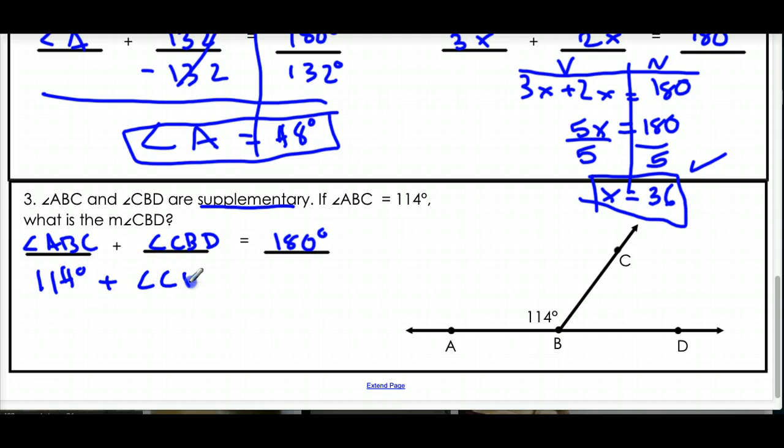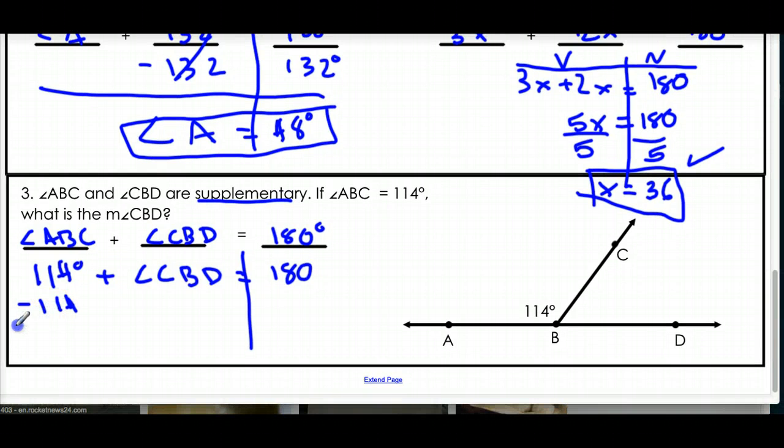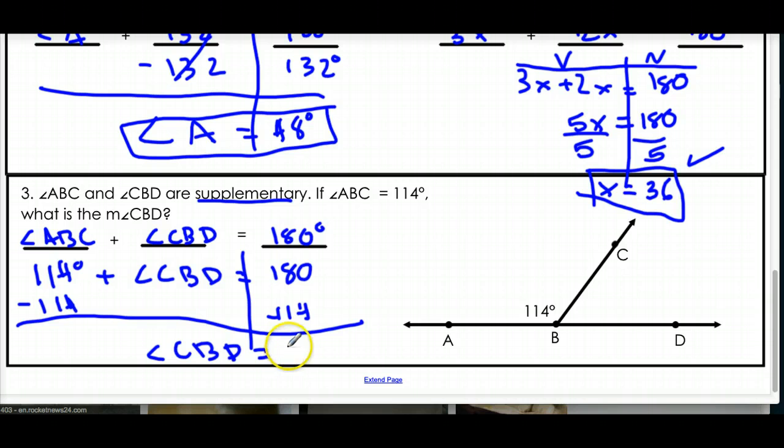We don't know what CBD is, we're looking for that, and we know they add up to 180. So I just subtract 114 from both sides of my line. Oh, that was an ugly line. And we get angle CBD is equal to 66 degrees. All right?